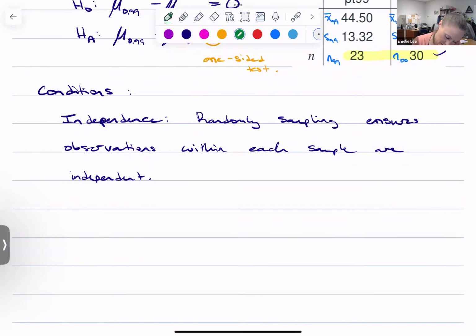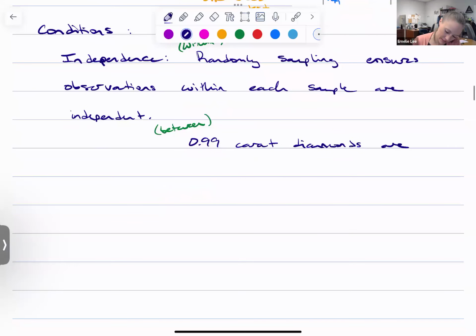And so here, independence within, but then we also need it between for 2 independent samples. 0.99 carat diamonds are independent of 1 carat diamonds.